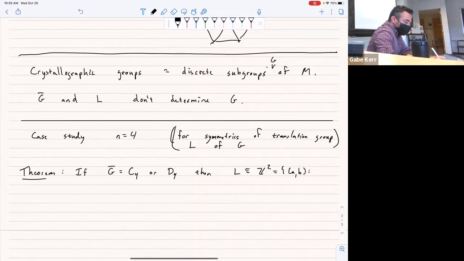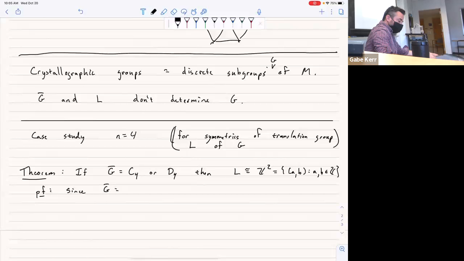Instead of points in the plane where each of the coordinates is an integer. Since the point group is D4, it contains a rotation.